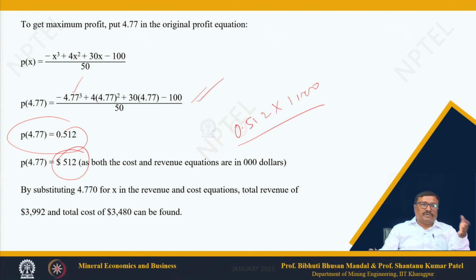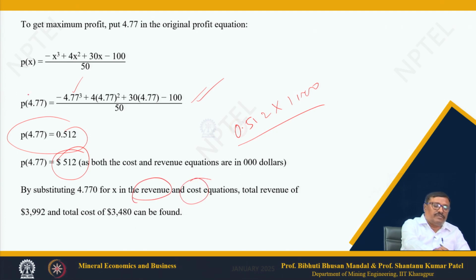Now, by substituting 4.770 thousand for x in the revenue and cost equations also, this is where we have used this 4.77 thousand, 4770 units, in the profit equation. So, we got the maximum profit amount from there.